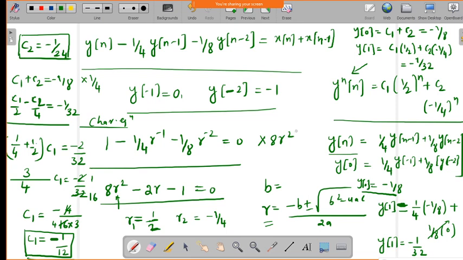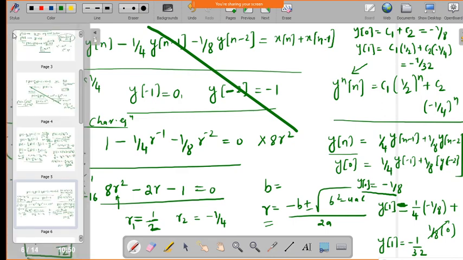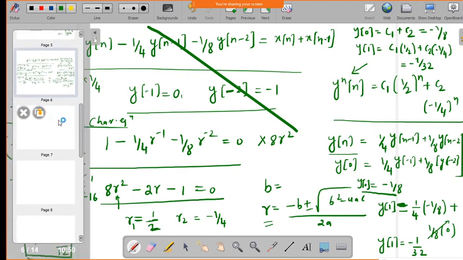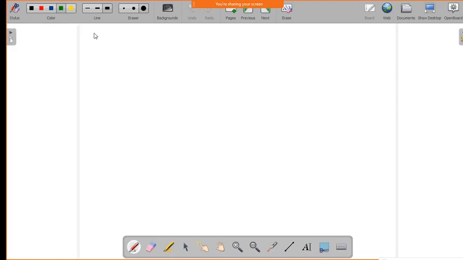Okay, so this is about the natural response of the difference equation. Now we will take another problem, try to solve this one and tell me the answer in the next class. y of n plus 9 by 16 y of n minus 2 is equal to x of n minus 1.